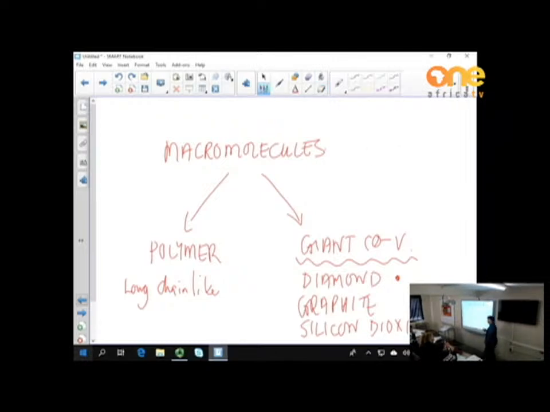Can diamonds conduct electricity? No. All right, so diamonds and graphites, we say they are different crystalline structures of the same element. We call them allotropes. Different crystalline structures for the same element.